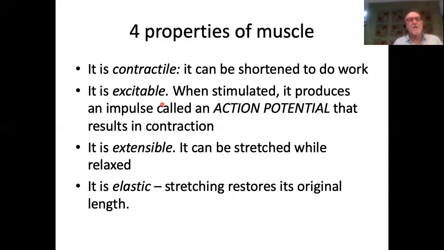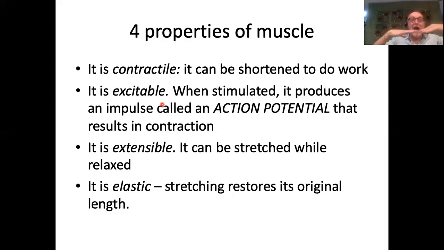By relaxation in a muscle, we mean that the myosin has let go of the actin. If the myosin has grabbed onto the actin fibers and pulled them together, the cell shortens. But then the myosin lets go of the actin fibers.